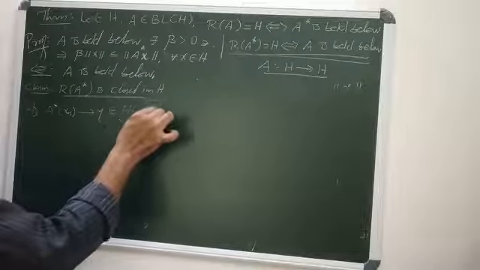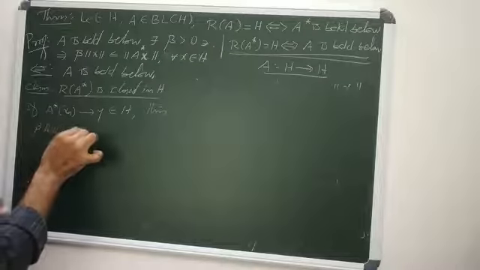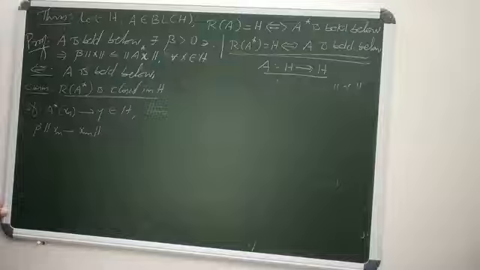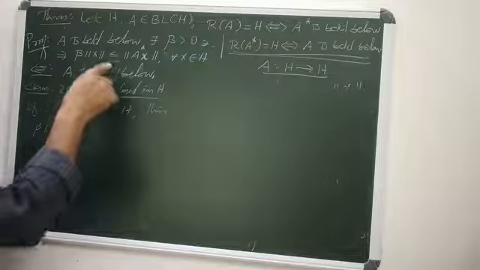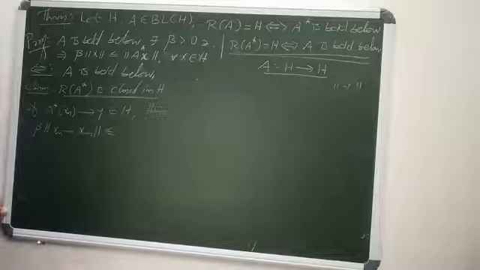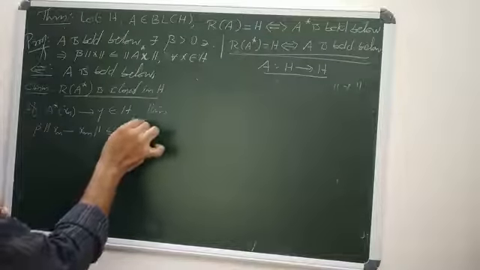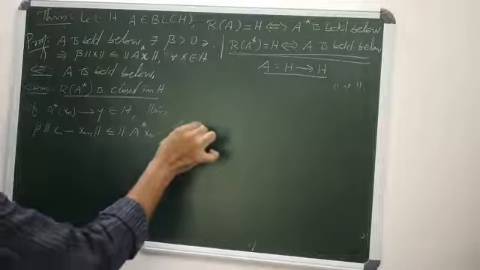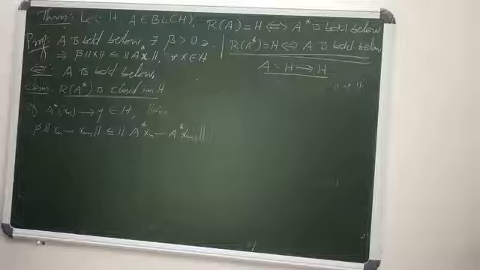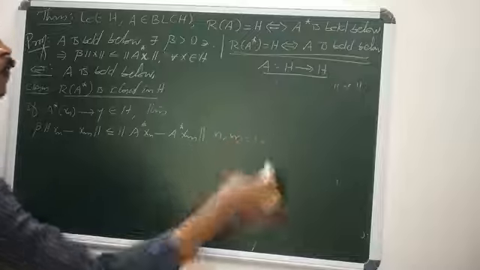Then what about beta times norm x_n minus x_m? Consider beta norm of x_n minus x_m, which equals norm of beta x_n minus beta x_m, which is less than or equal to, by this condition, norm of A* x_n minus A* x_m, for n, m equals 1, 2, 3, etc.